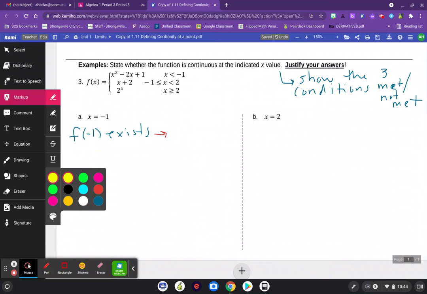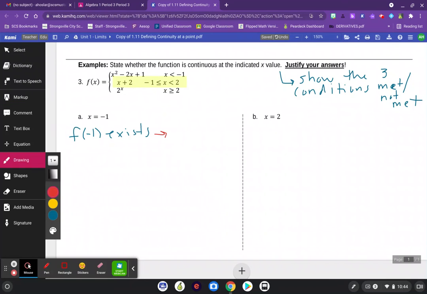Box highlight. That's what I want. There we go. Sorry about that, friends. That's going to be this one right here because that's where the equal bar for x is with the -1. Okay, so I'm going to evaluate f of -1, which is equal to -1 plus 2, which is 1. So f of -1 equals 1.